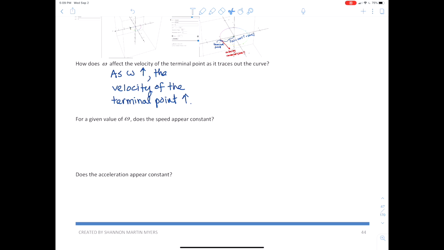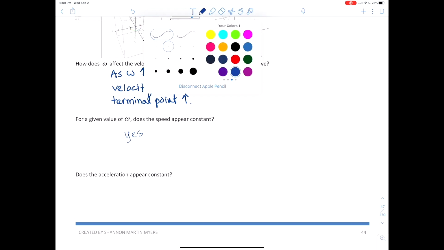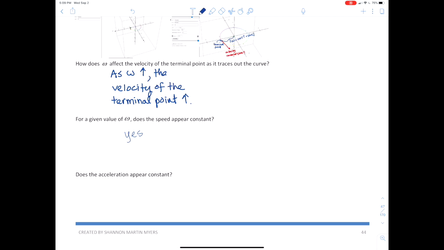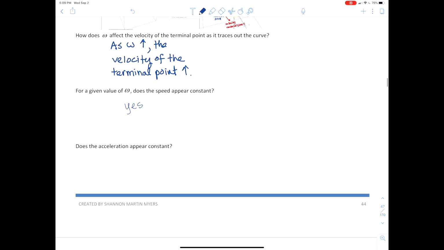Well, yes, it didn't increase the speed, right? Now, what about the acceleration? Would it be constant? I don't think so, right? Because since there's a change in direction, there should be a change in acceleration, right?